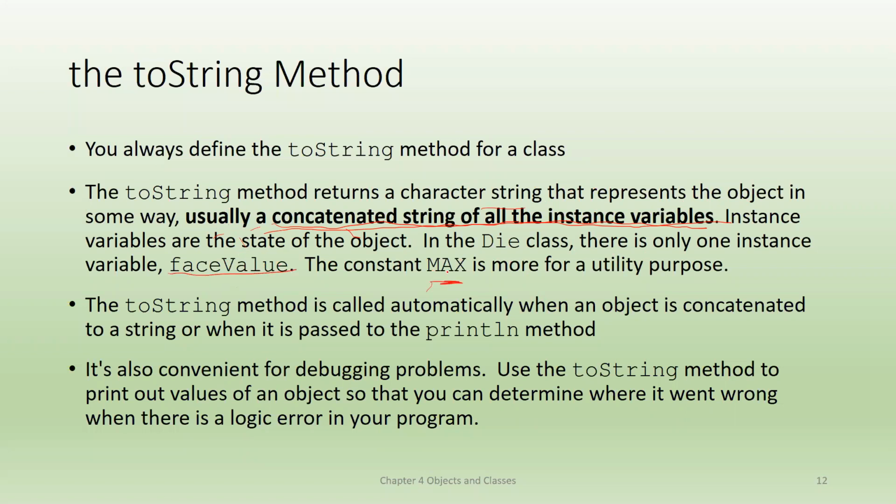Max is really, I told you, a utility variable. I also discussed this last time; if you don't remember, go back and watch the video. It's also convenient for debugging problems. A lot of times you can use the toString method to debug your object to know what's wrong.